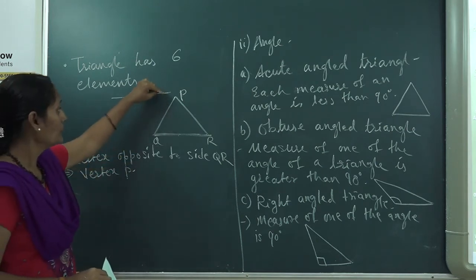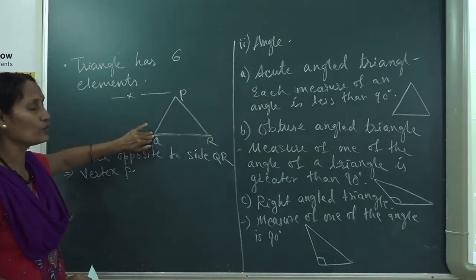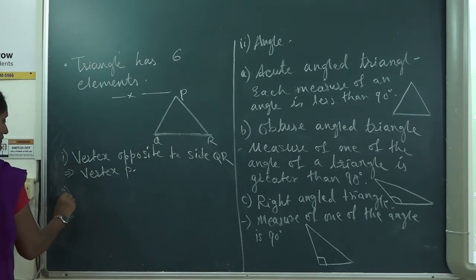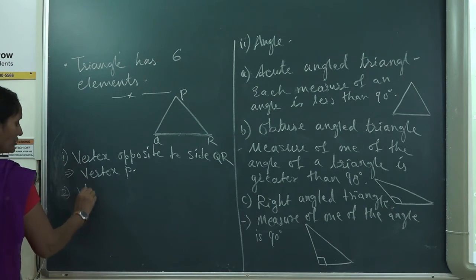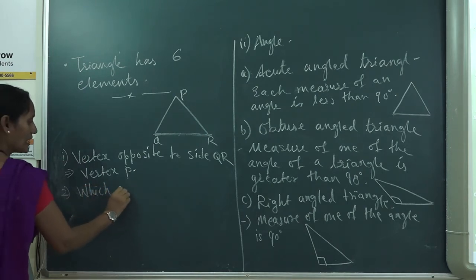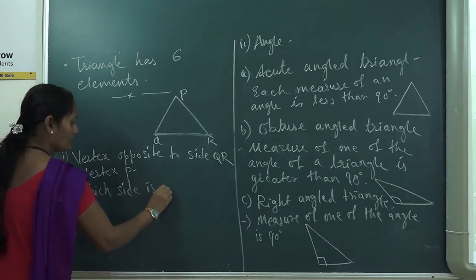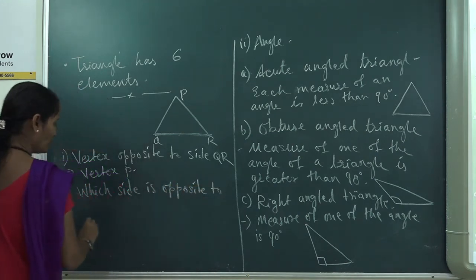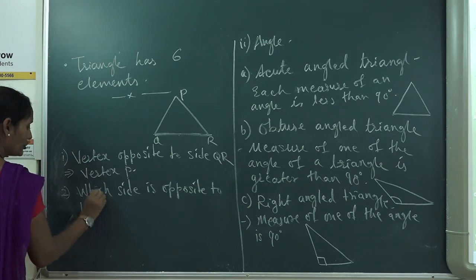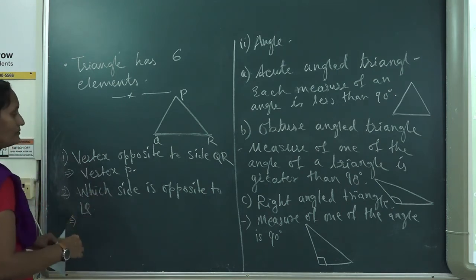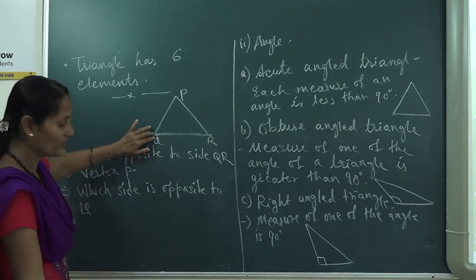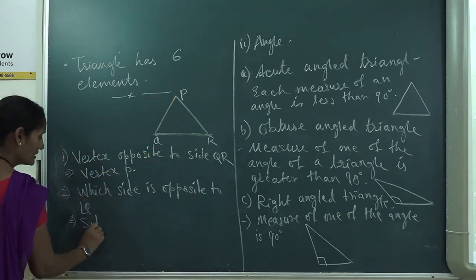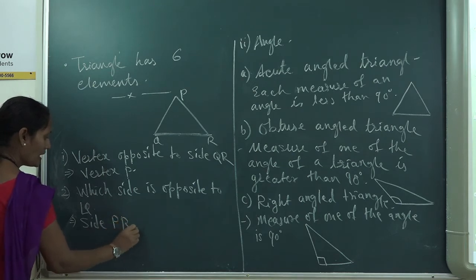Next, second one: which side is opposite to angle Q? Now to this Q, which side is opposite? PR. So we will write down side PR.